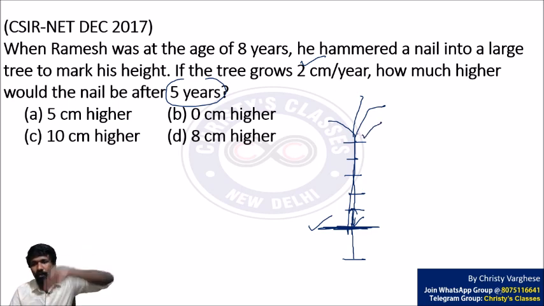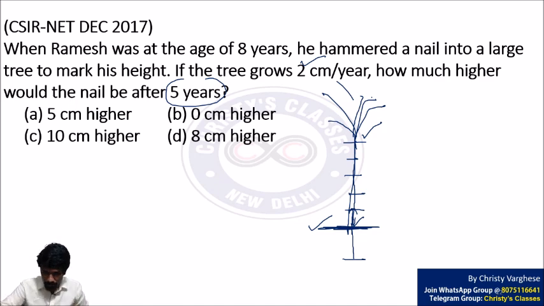Apical growth means growth happens from the top only, from the tips only, not proportionately in all parts of the trunk. So that common understanding or life science understanding is needed for this question. It will be in the same position as Ramesh nailed it. That means how much higher is it? 0 centimeter higher. So option B is the answer.